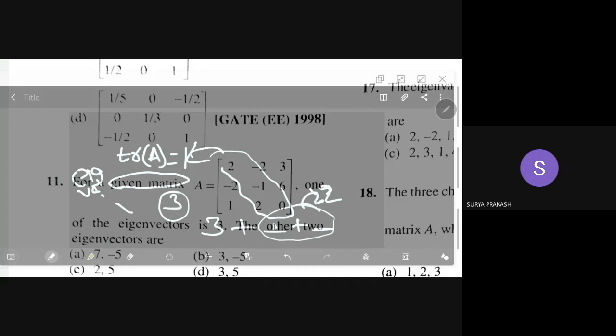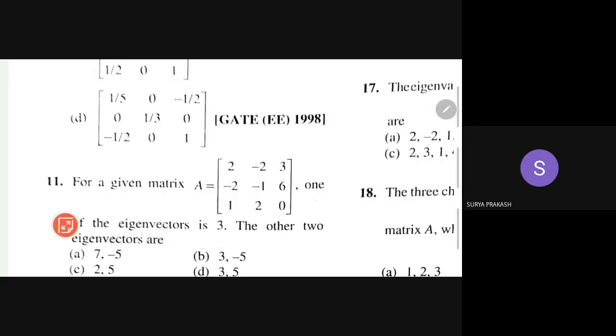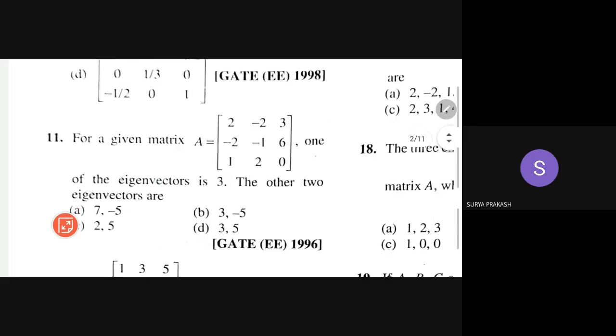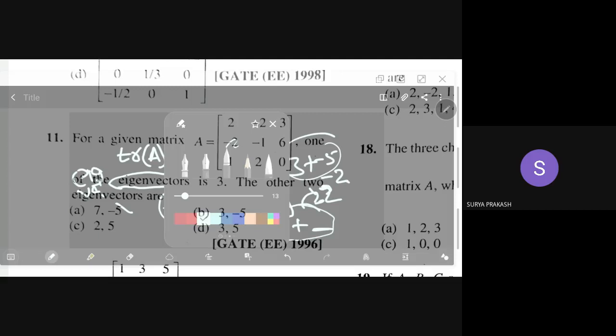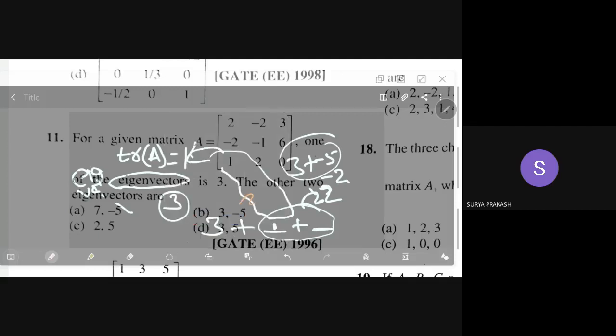So minus 2 means the choice is 3 plus minus 5. 3 plus minus 5 is the choice. 3 plus minus 5 is minus 2. So that is B. B is here. 3, minus 5. Got it?